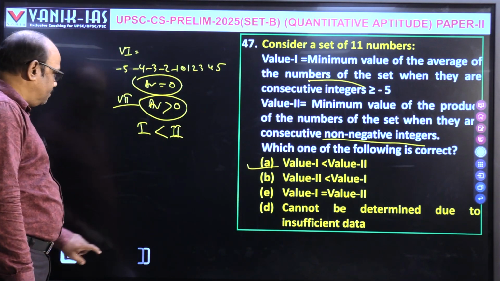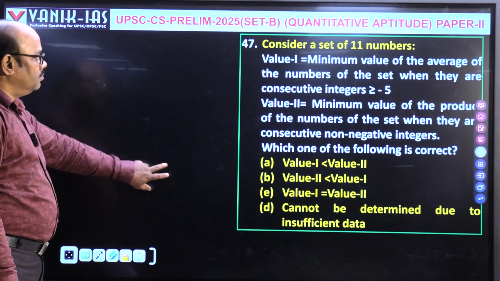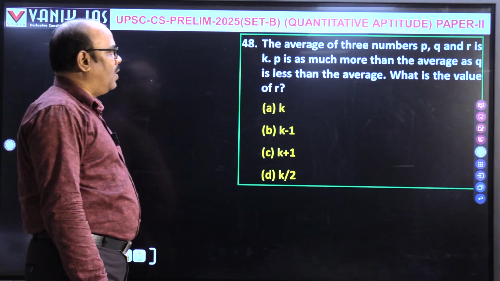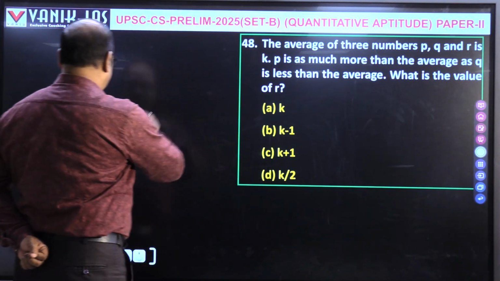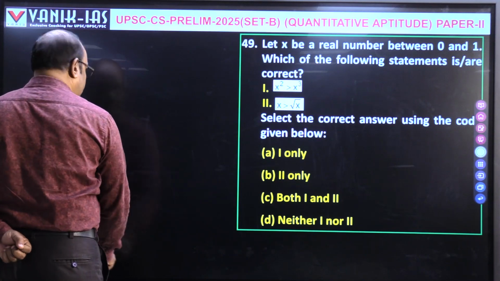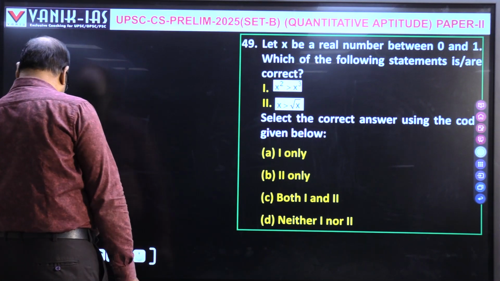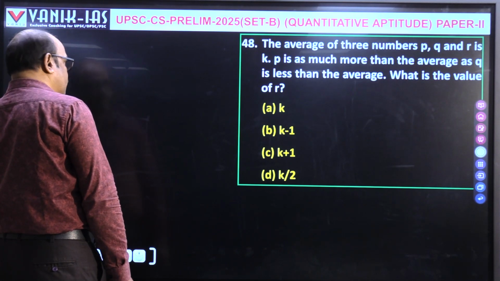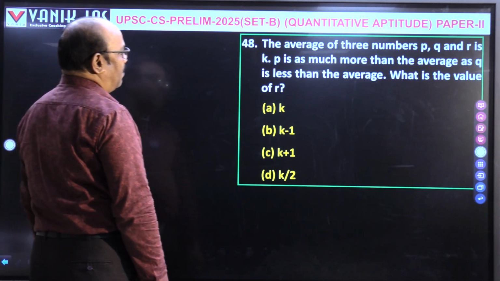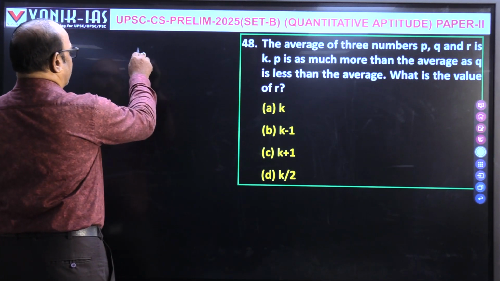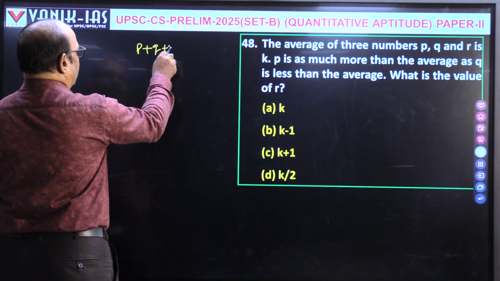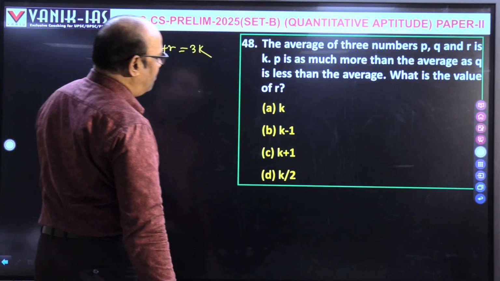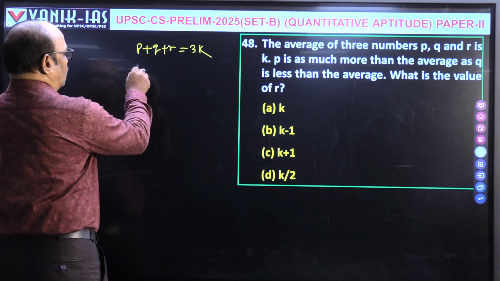Next number. The average of 3 numbers P, Q, R is K. So P plus Q plus R equals 3K.